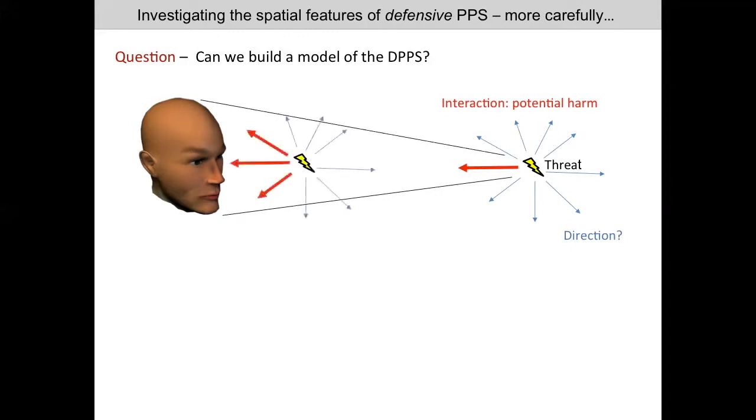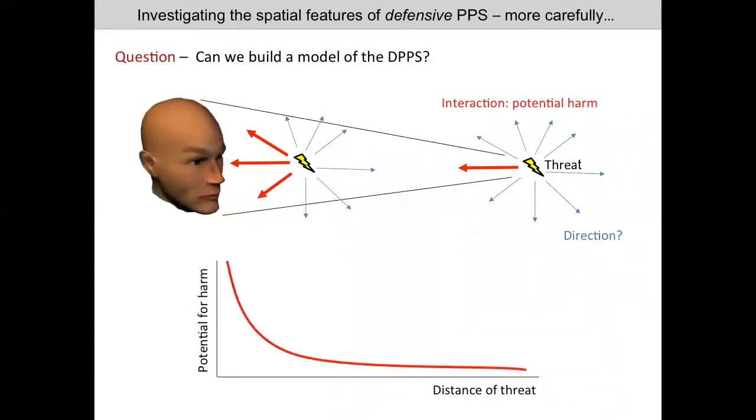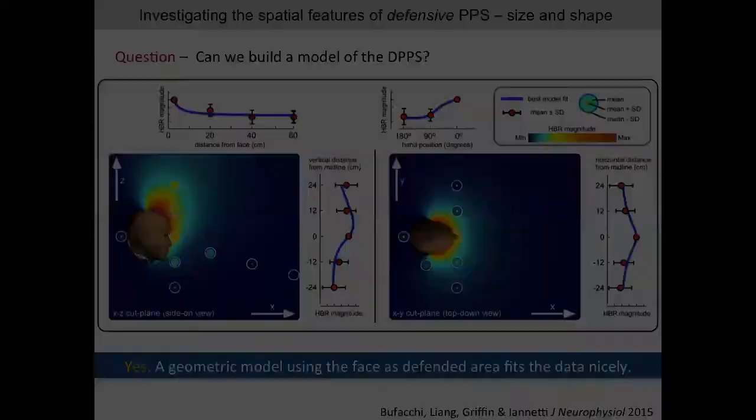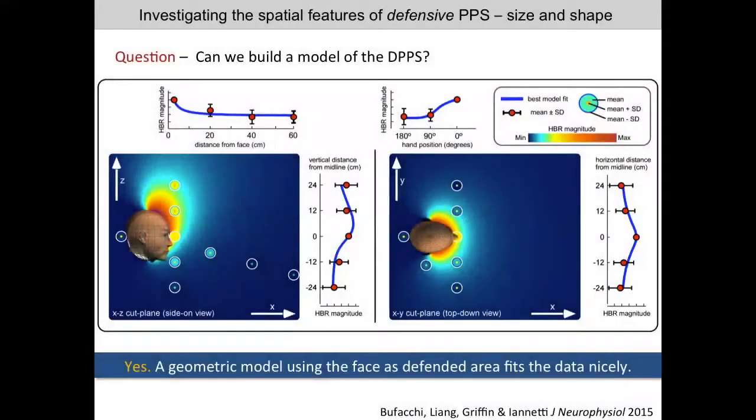And obviously proximity is something which is unconsciously estimated by the brain to decide which kind of motor repertoire to deploy in order to protect yourself better. And by playing with the position of the stimulus in space and getting a measure, in this case the defensive blink, you can build these maps showing how big the response is as a function of the stimulus in space.